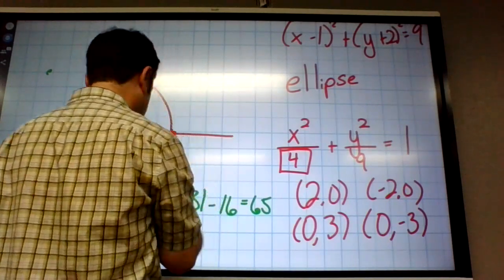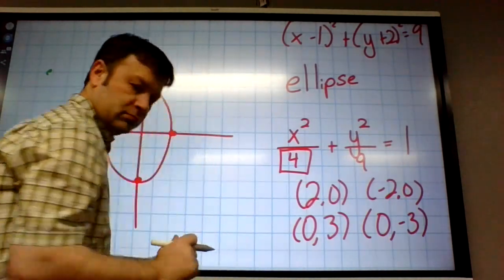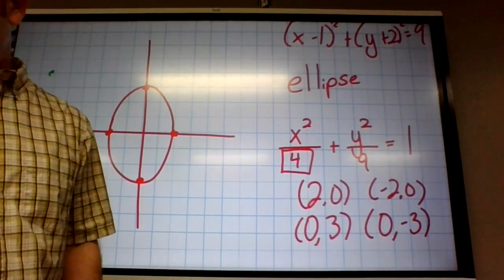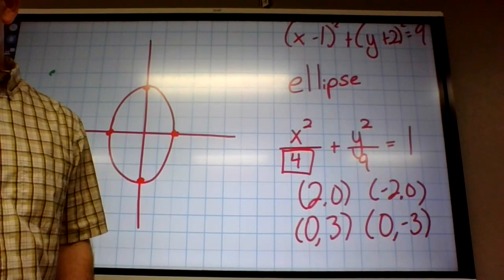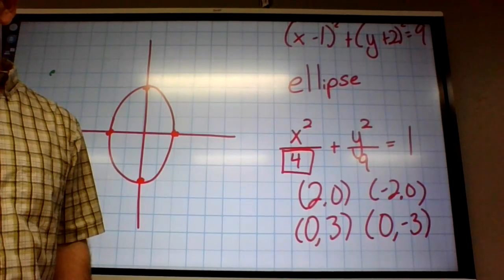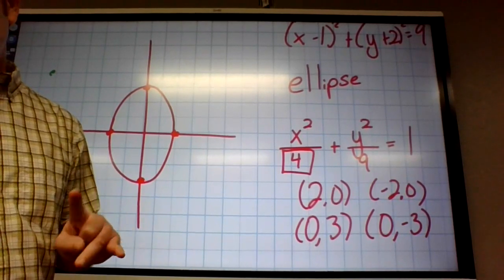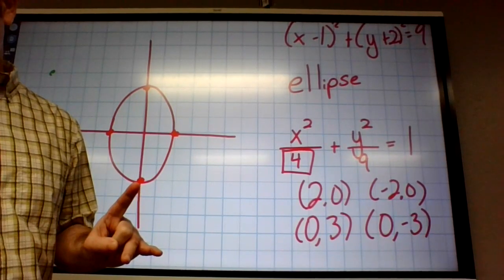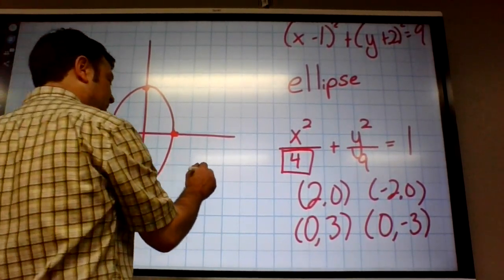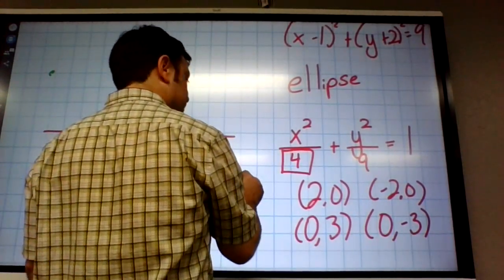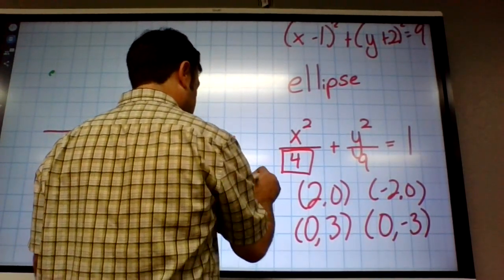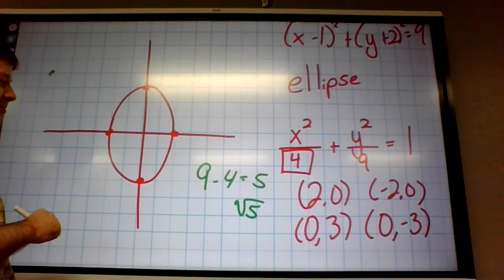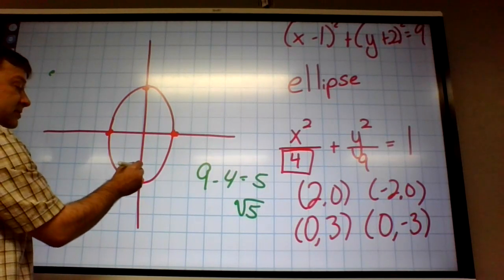Dang it. Okay. Square root of 5 would be just a little over 2, so about right there.